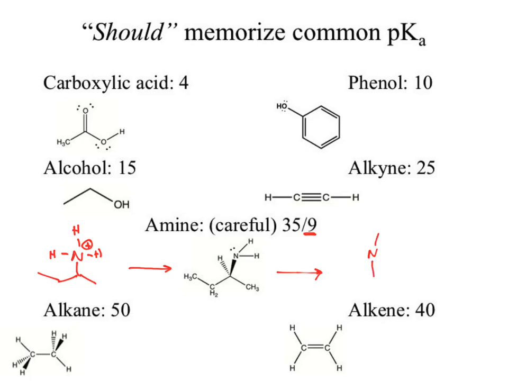What would it look like? The negative nitrogen. That would be what I would reference as a pKa for an amine. The pKa for that reaction is a 35. Why is that important? Is the amine particularly acidic? No, not at all. Is ammonium? Yeah.